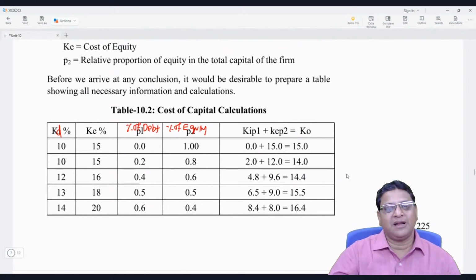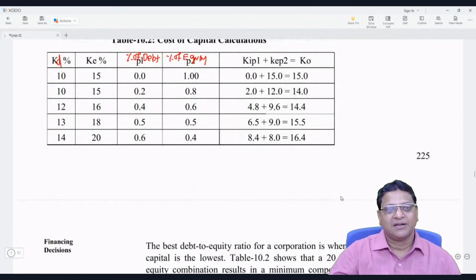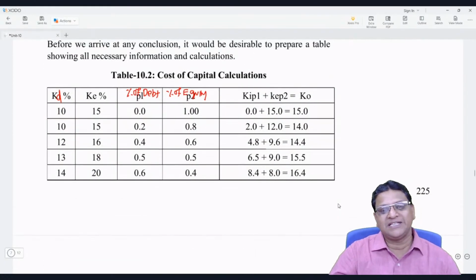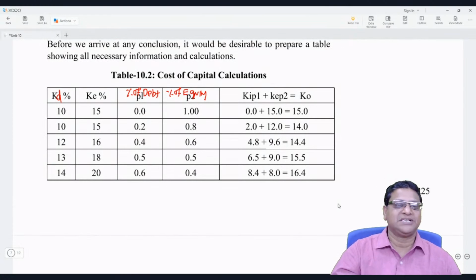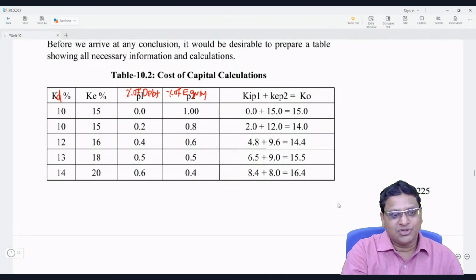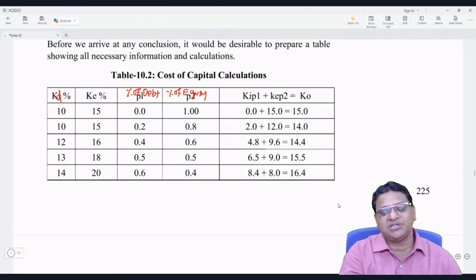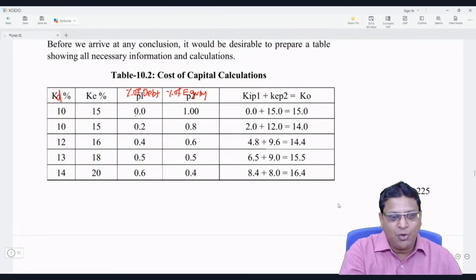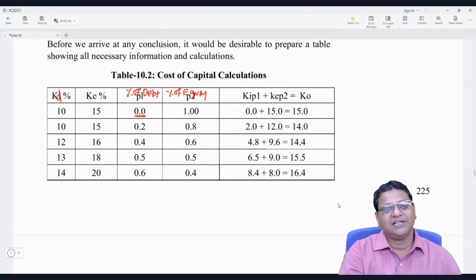First is cost of debt, cost of equity, and percentage of debt, percentage of equity, all given. Please see, if you use 0% debt, then you have to use 100% equity. If you use 20% debt, 0.2, you have to use 80% equity.